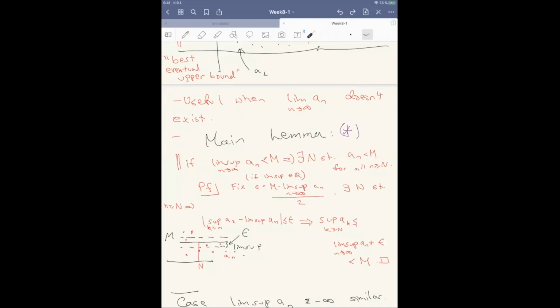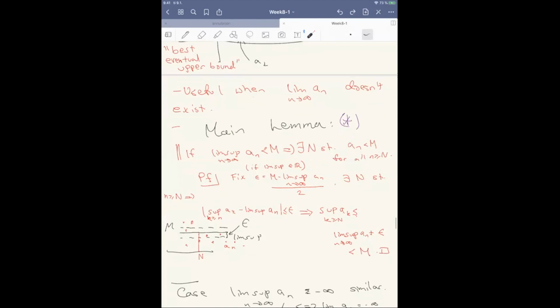It means that M is an eventual upper bound, meaning that there exists an index capital N such that a_n is less than M for all indices after that. So this is really this statement translated. It's a convenient way of expressing this statement. And this is how mostly in analysis people use lim sup a lot of the time. It's really just a convenient abbreviation for this.